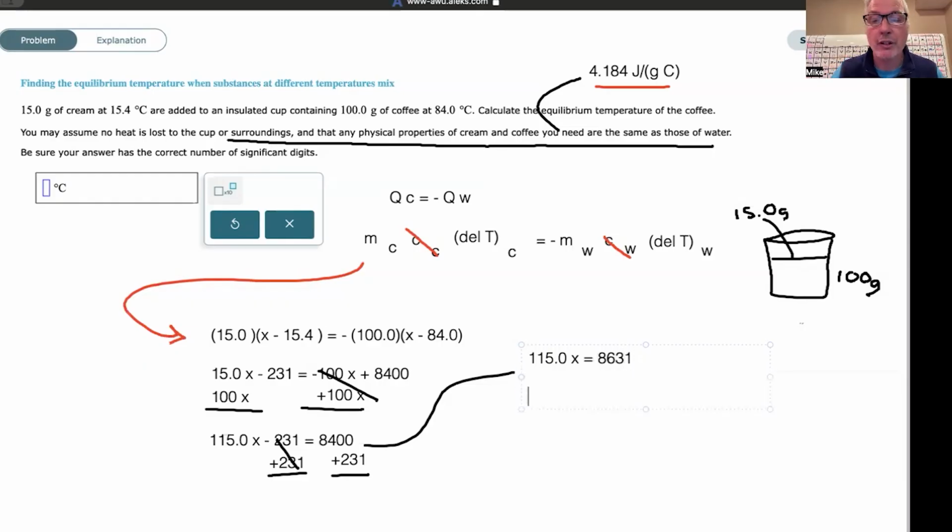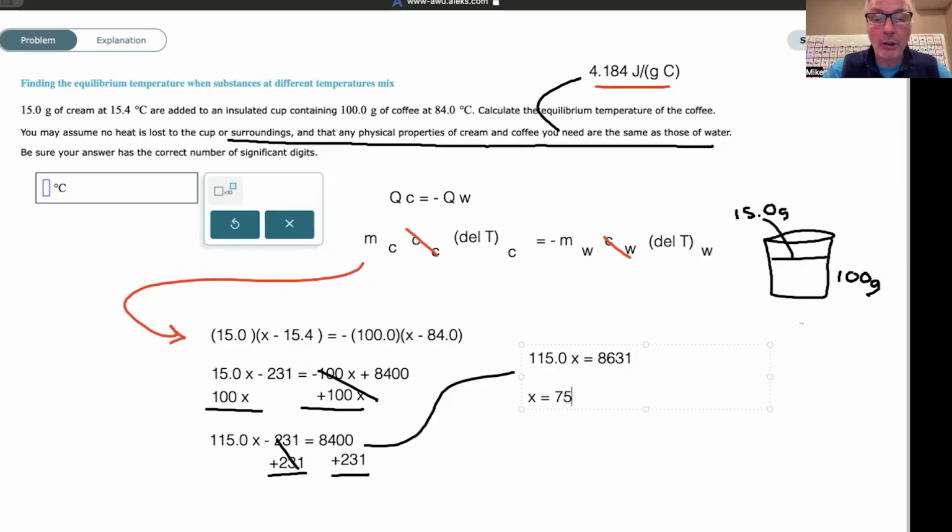Remember, we get to judge this. This better be between 84 degrees and 15.4 degrees. Doggone it, did I do that? Yeah, okay. 15.4 degrees. And also, this better be about a sixth of the way through. So 8631 divided by 115. 75.0.